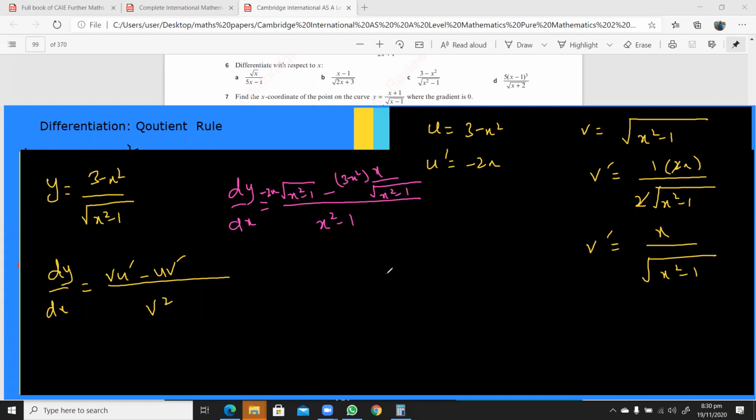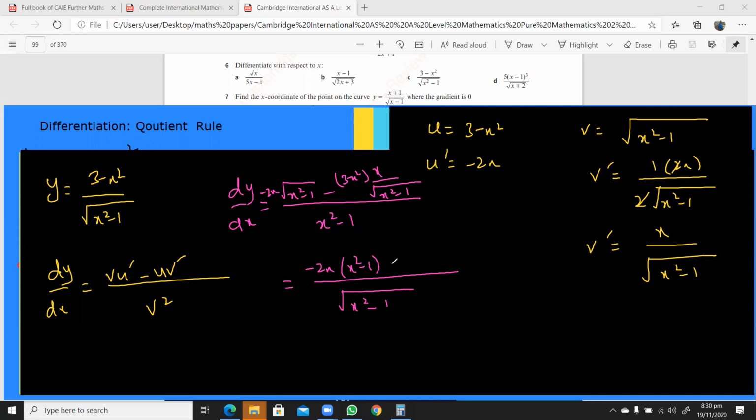You have to take the LCM of this numerator here. So the LCM over here is going to be the square root of (x square minus 1). So this square root of (x square minus 1) into this square root of (x square minus 1) will give you minus 2x into (x square minus 1).